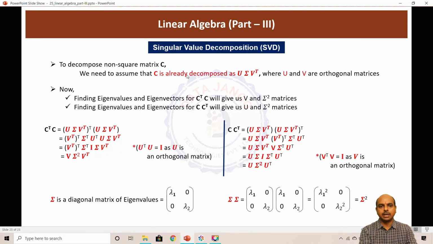What are you doing here? It's a non-square matrix and you took it. When you do C transpose C, you get a square matrix. C C transpose also gives you a square matrix. You are decomposing it using eigenvalues and eigenvectors only. Ultimately, you are using eigenvalues and eigenvectors only for SVD also.